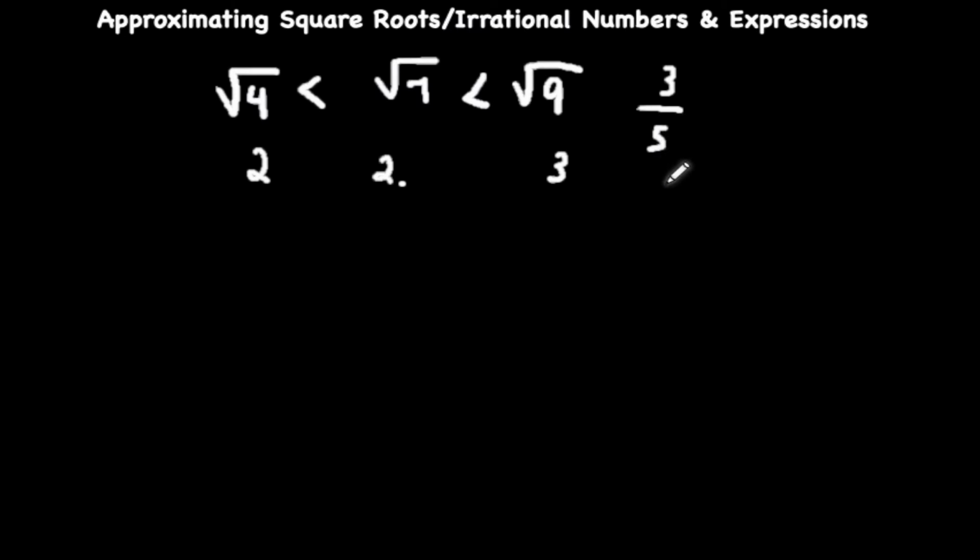So now you divide 3 by 5. 3 divided by 5 is 6/10. When you add 2 to 6/10, you get a result of 2.6, right? So the square root of 7 is approximately 2 and 6/10.